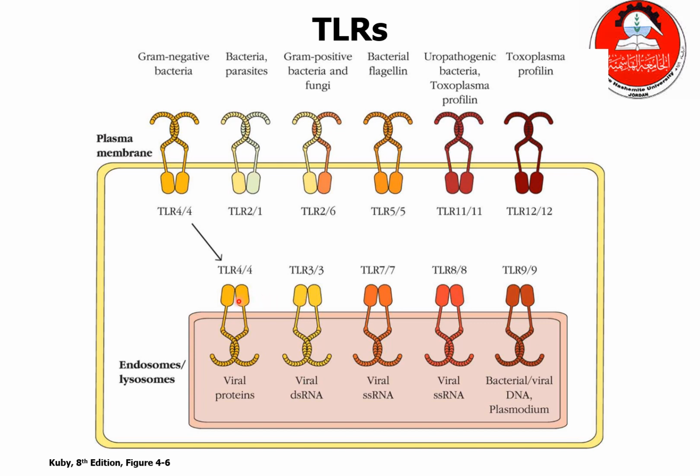TLR3, 4, 7, 8, all recognize viral components, either DNA in the case of 3, or single-stranded RNA in the case of 7 and 8, or viral proteins in the case of TLR4. And those are extracellular, those are intracellular types of pathogen recognition receptors.